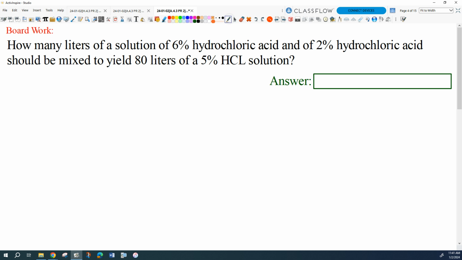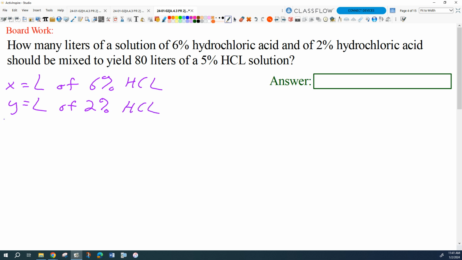So then X equals liters of 6% hydrochloric acid, right? Y equals liters of 2% hydrochloric acid, okay? Two unknowns, how many equations?